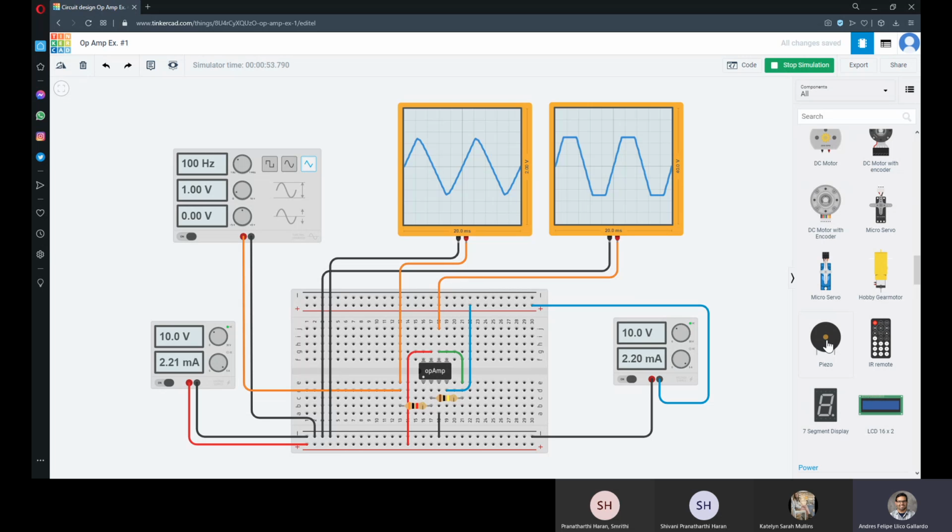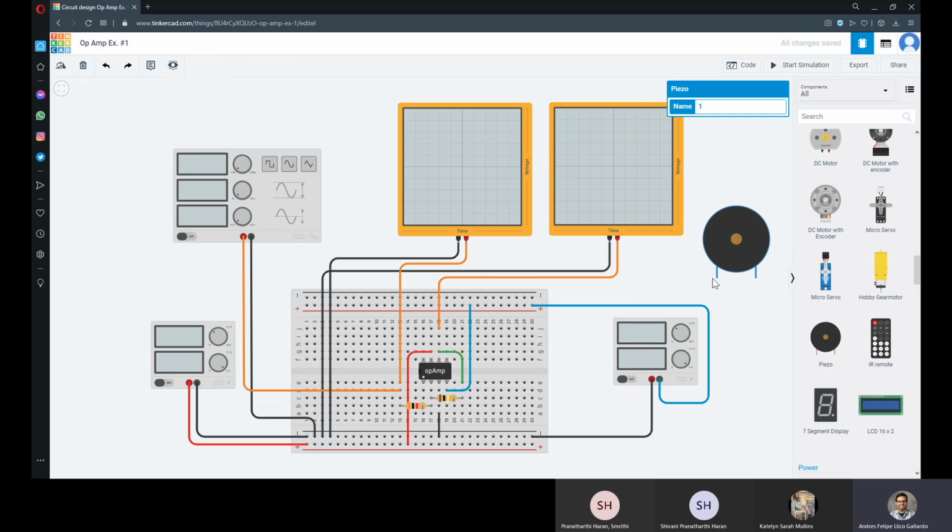Oh, there it is. So if you were to connect the output here, you will be able to hear it, and this is one type of piezoelectric speaker. Depending on what is available in the lab or what you're buying for your project, you might be using a different type of speaker, which might need a different setup.